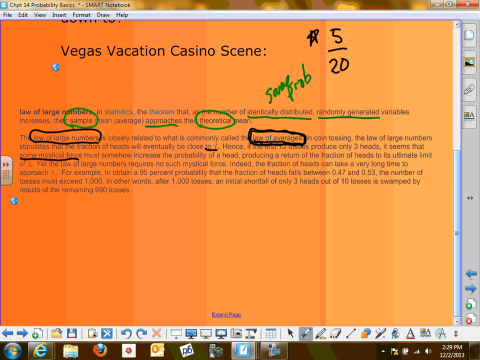But the law of large numbers says no such mystical force exists. The probability of heads versus tails doesn't change just because you've only gotten 5 heads on the coin so far.